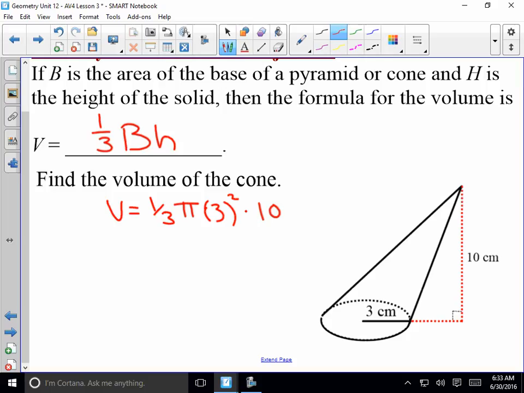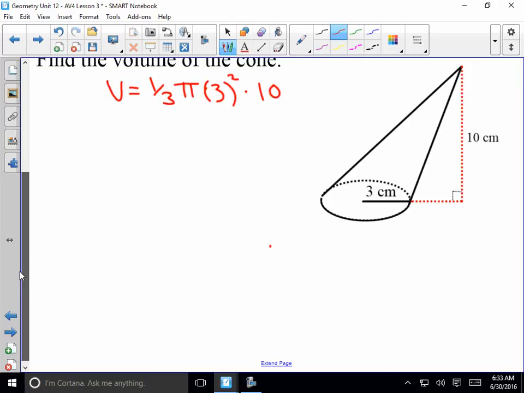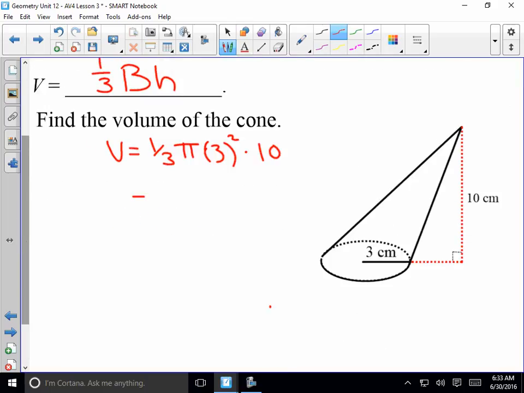Okay, once we've plugged all the numbers in, that's always the easiest first step. Then we've got to do some rearranging and simplifying. So we want to put all the numbers together: 1/3 times 3 squared, which is 9, times 10, and then we'll tack the pi on the end of the answer.